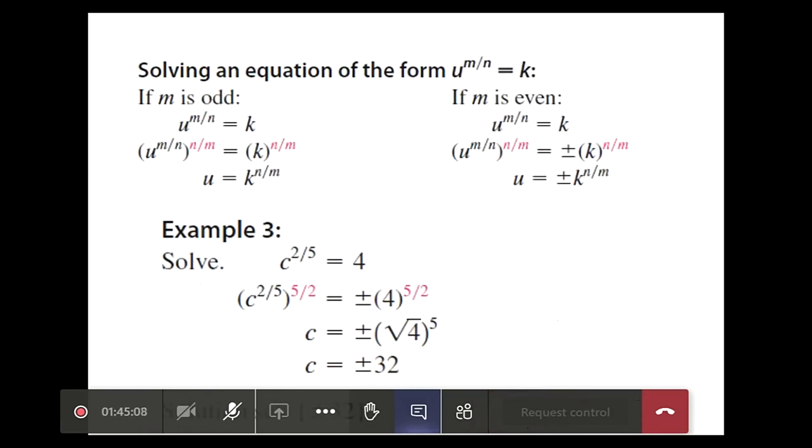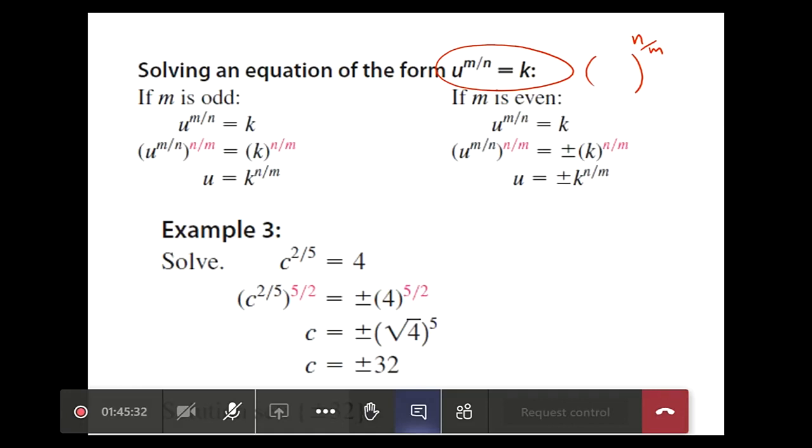Sometimes we have an equation with m over n equal k. Here we need to take n over m for both sides. So here there is a radical. Here we ask about the m, which is for the radical.